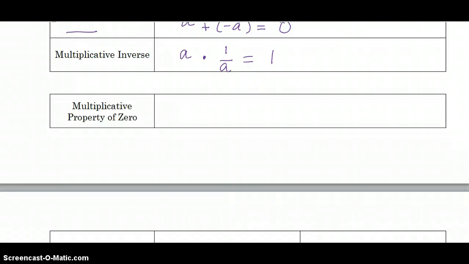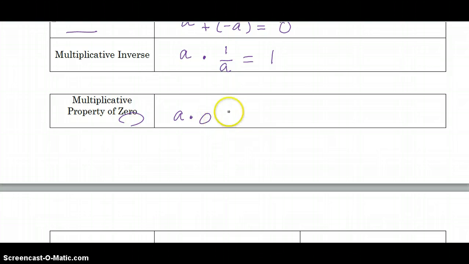All right, this one's fun to say, along with multiplicative inverse. It's the multiplicative property of 0. If it's a property of 0, then 0 needs to be in the operation that's taking place, and it's multiplication. So this is saying any number multiplied times 0 is going to equal 0.